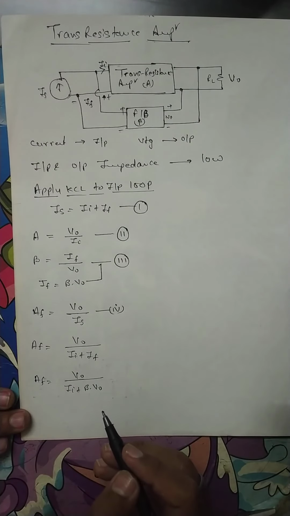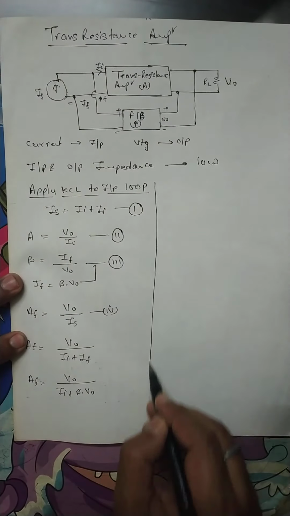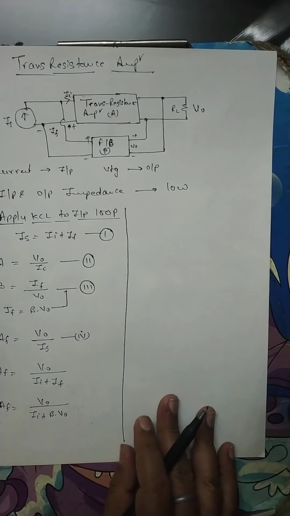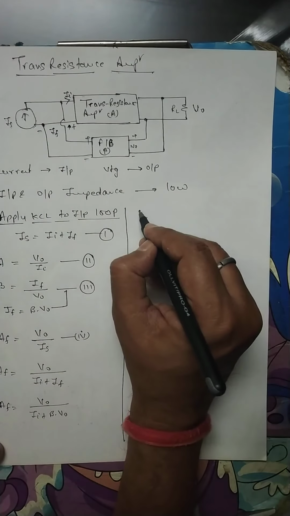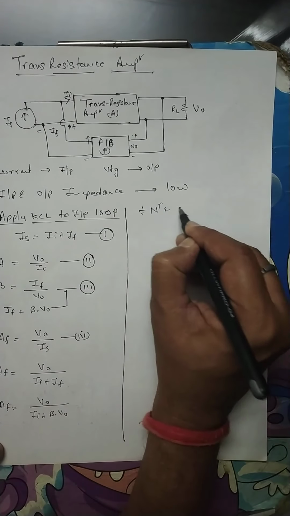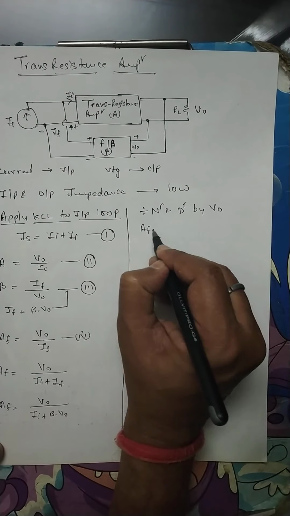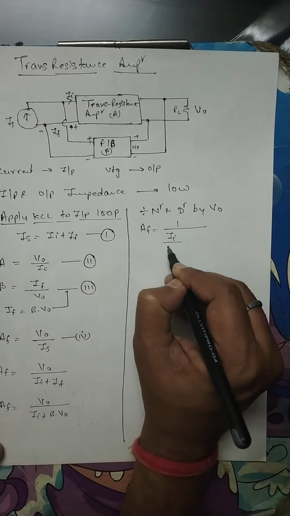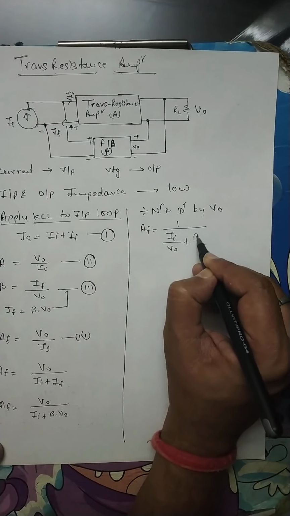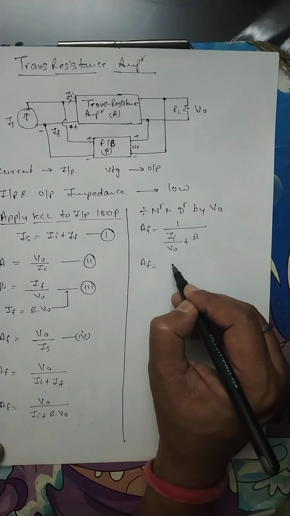Here what we should do is divide the numerator and denominator by V0. So what will happen? AF is equal to 1 upon II upon V0 plus beta.